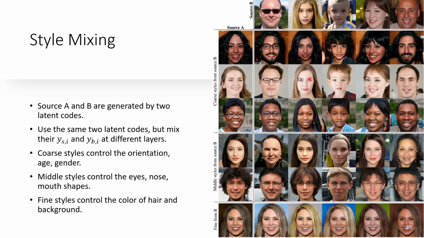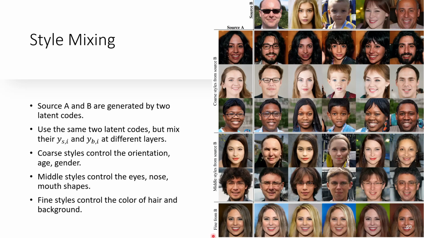Let's take a look. For this column, you can see they all share the same skin color. And for these three rows, you can see the coarse styles control the skin color.